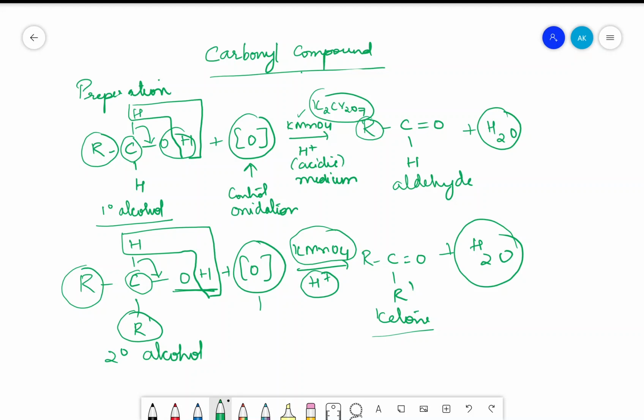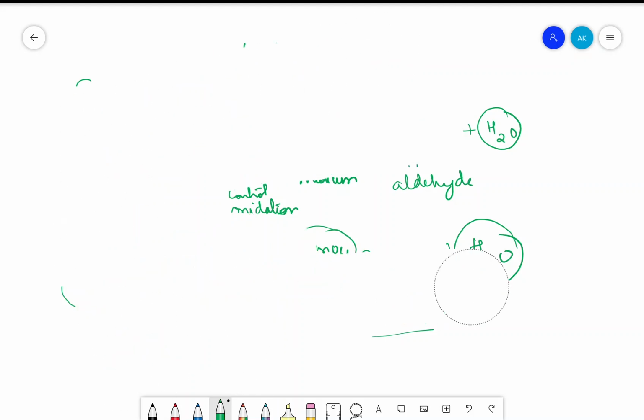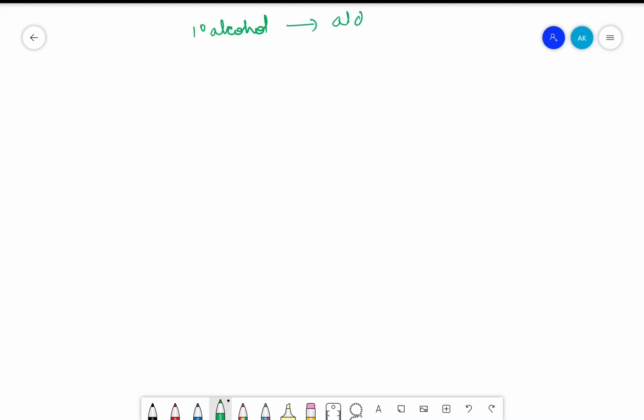The second method of preparation, one we have studied this one. The second one is, we are going to take primary alcohol once again. And now there is a generalization which you need to remember. Primary alcohols can give us aldehydes.